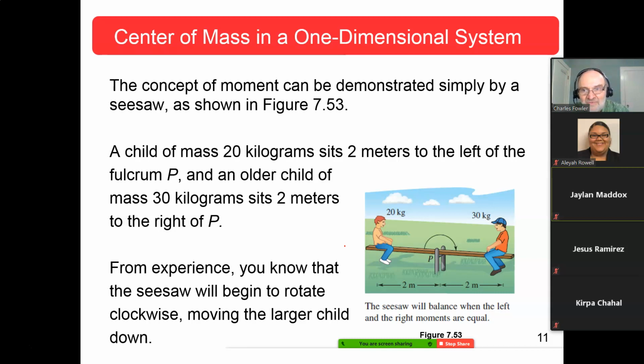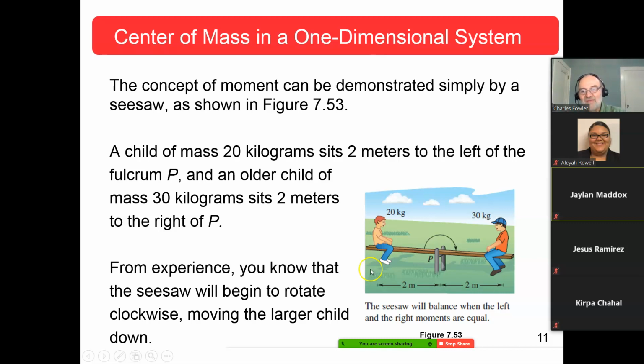Okay, and here's this example. The concept of moment can be illustrated by the seesaw, as shown in this figure. The child of mass 20 kilograms sits to the left of the fulcrum. Here's the fulcrum, point P. The older, heavier child, with mass of 30 kilograms, sits to the right of P. Now, if they didn't have anything to block them, all this kid would have to do is scoot up some and leave more distance from the end, and let this kid scoot back some without having to move the seesaw.